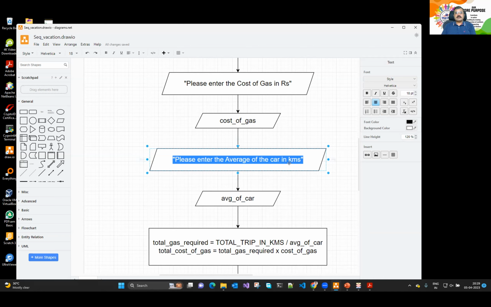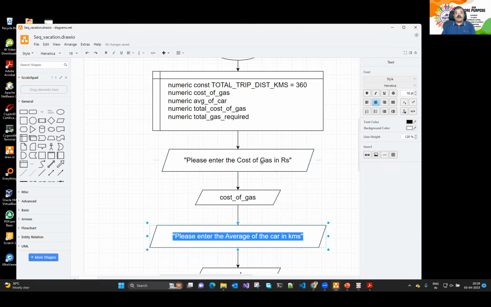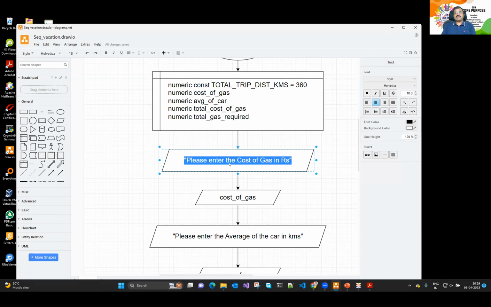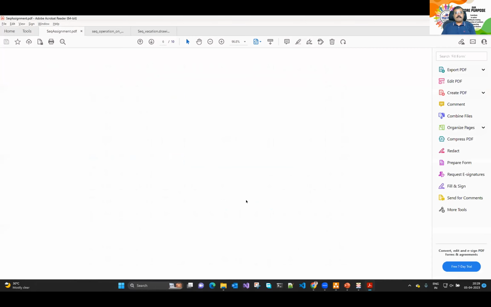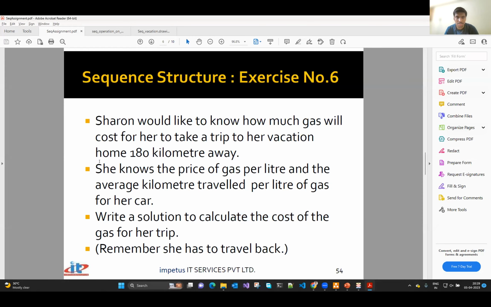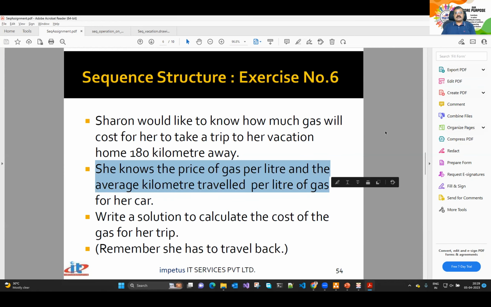This first statement also needs to be altered. He has said, please enter the cost of the gas in rupees. That again was not correct. So what should we say? He knows the price of the gas per liter and the average kilometers traveled per liter of gas.